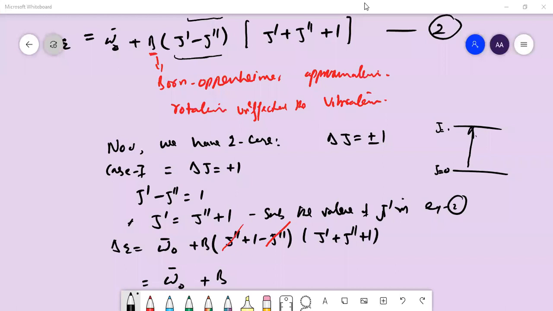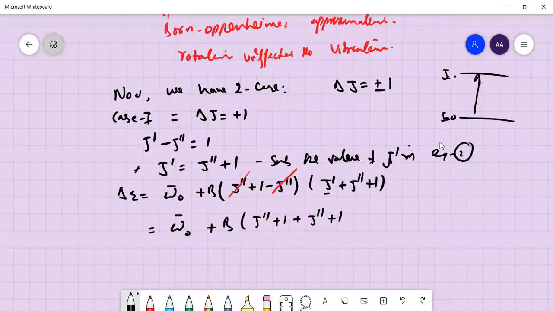So here again we can write J double dash plus 1 in place of this J. So the equation will be, here we have B into 1 is B, and we will expand this side and substitute J dash is equal to J double dash plus 1 plus J double dash plus 1. So we have expanded both sides.